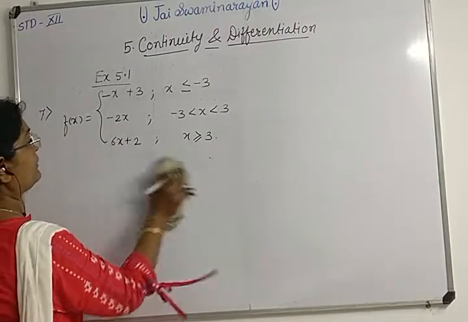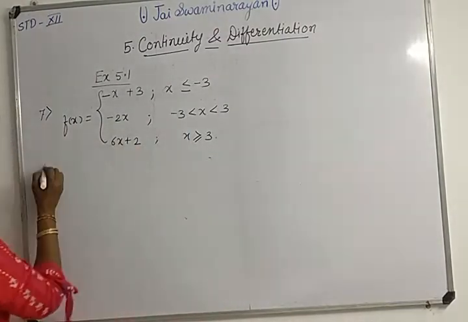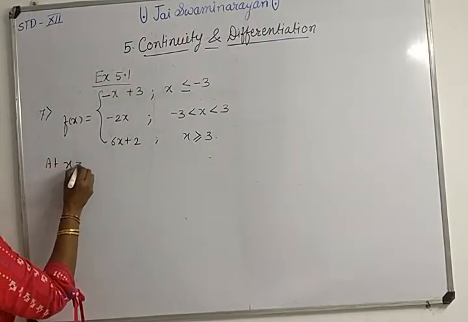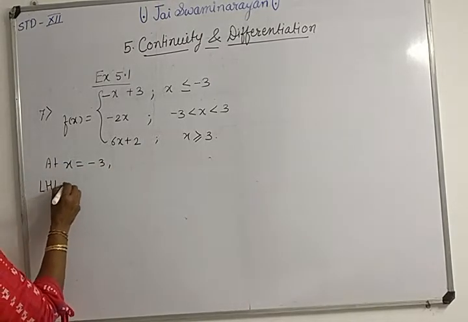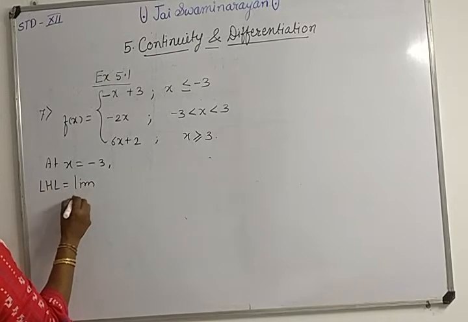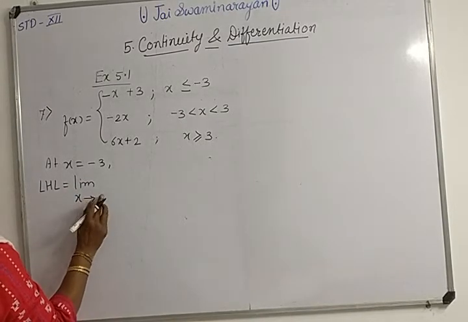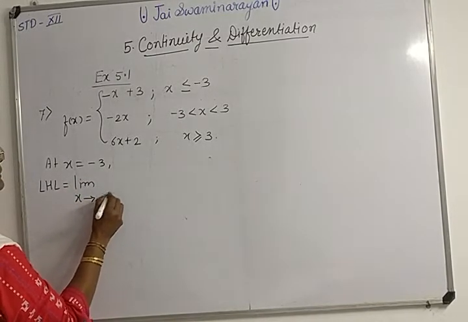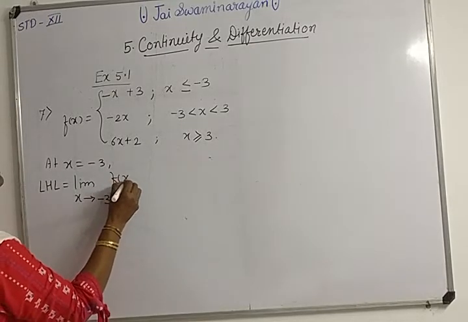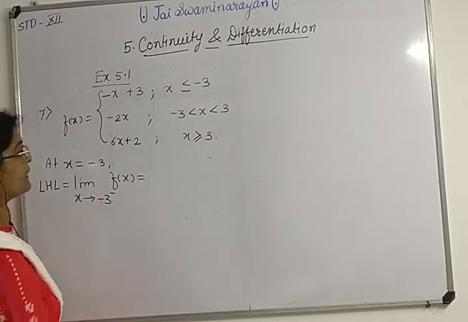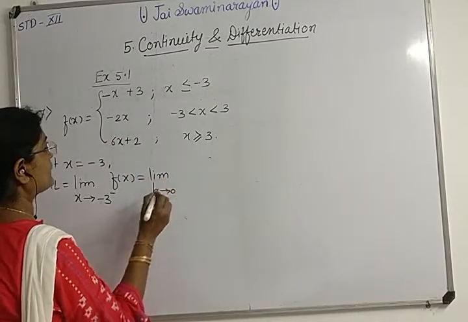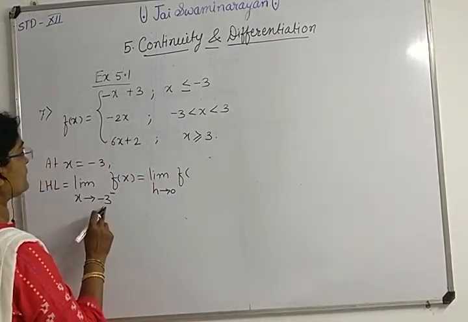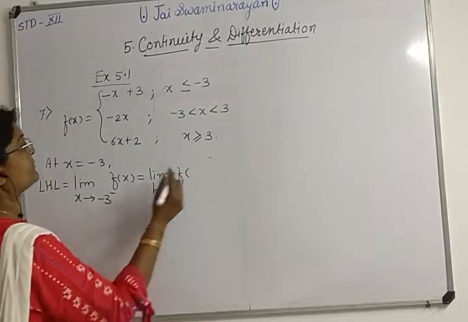First of all, we will check it at x equal to -3. Left hand limit equal to limit as x tends to -3 negative of f of x equal to limit as h tends to 0 of f of -3 minus h.